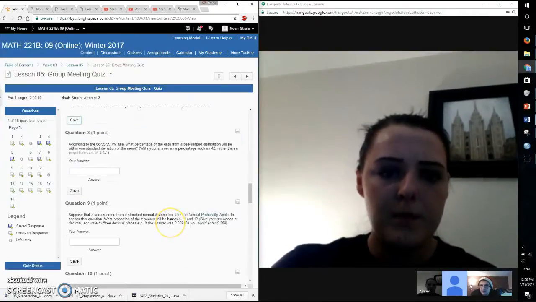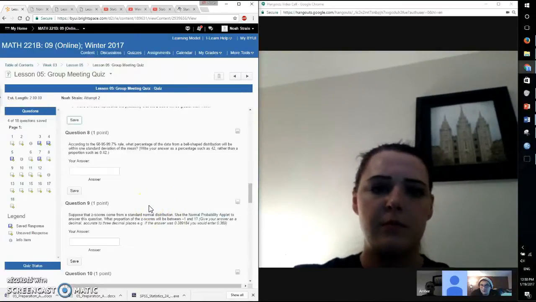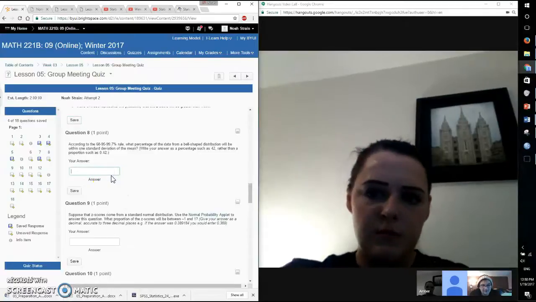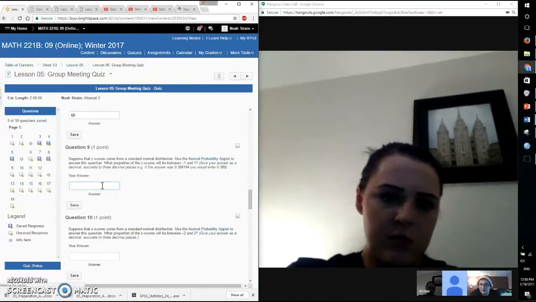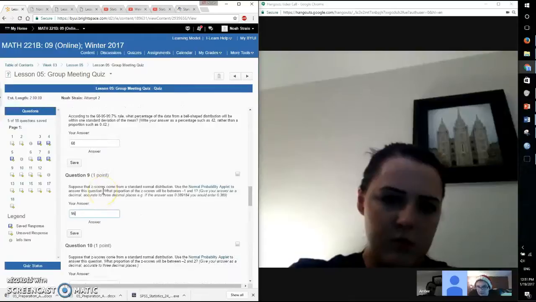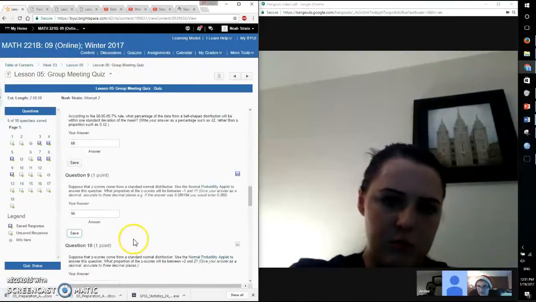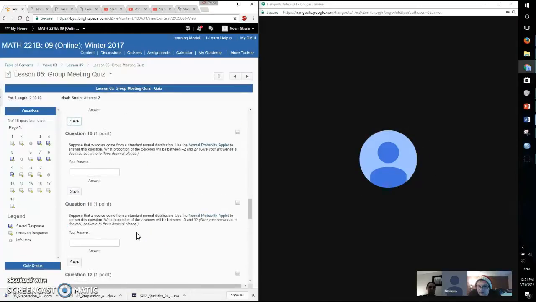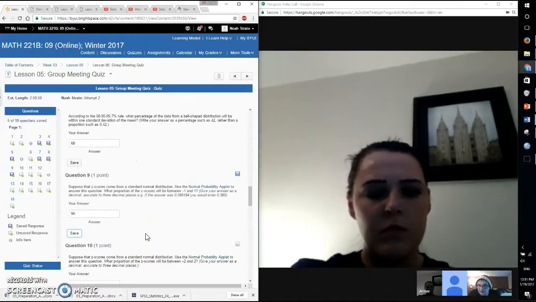According to this 3-step rule, what percentage of the data will be within 1 step? That would be 68. And then the next one would be 95. Wait a second.